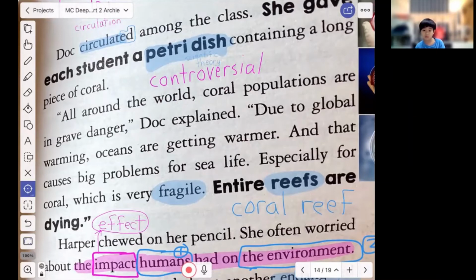She is saying oceans are getting warmer because of global warming, period. That sounds like a fact. And she's saying that causes big problems for sea life. She's making that sound like it's a fact. So she's making these statements like they are fact. So the students are going to believe her because she is their teacher.